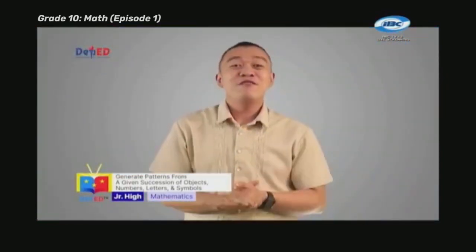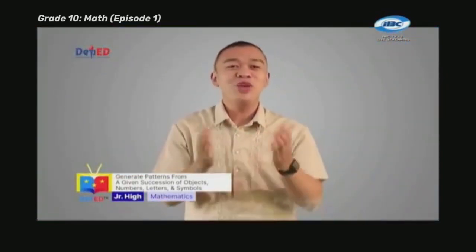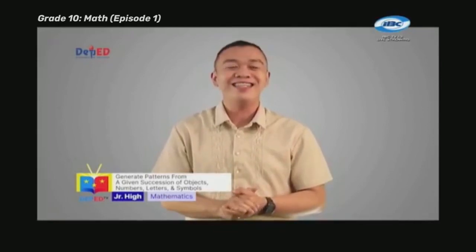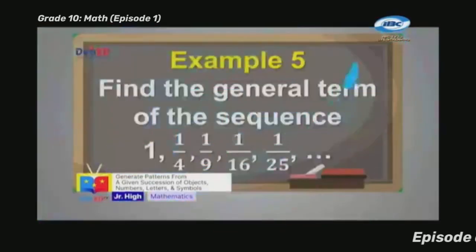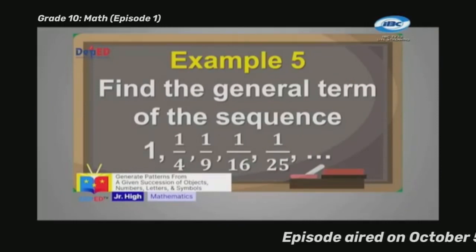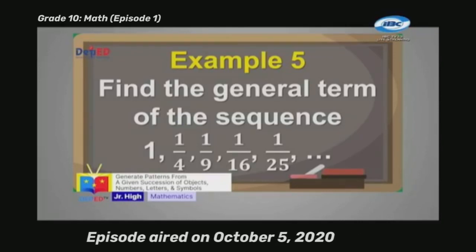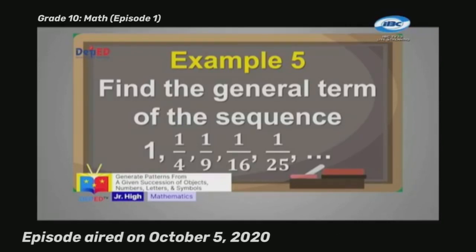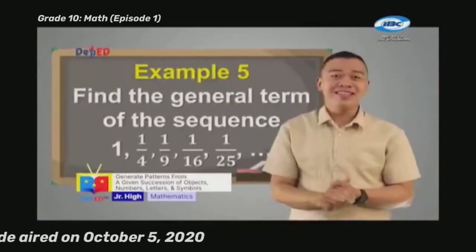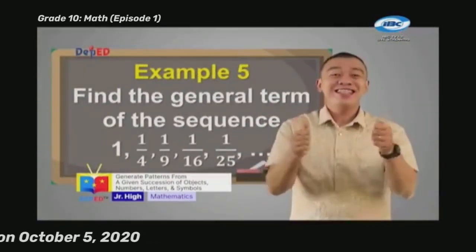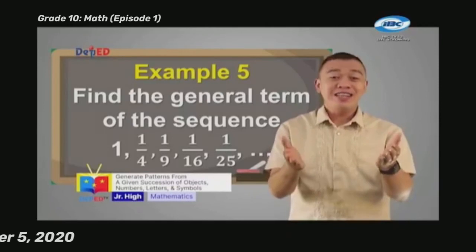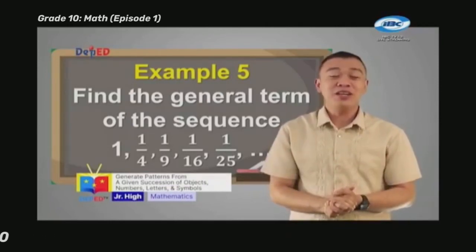Very good! Fasten your seatbelts because we are going to move to the next example. Find the general term of the sequence 1, 1/4, 1/9, 1/16, 1/25. What happened to 1? Right. We changed it into fraction form so we can generate a pattern.